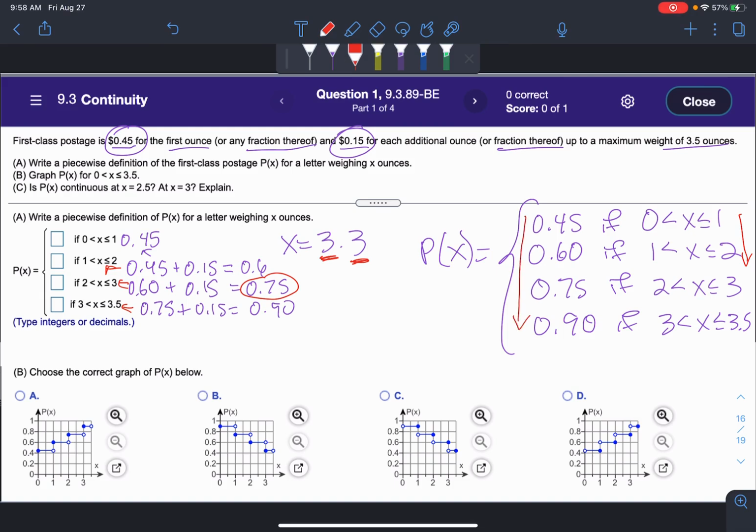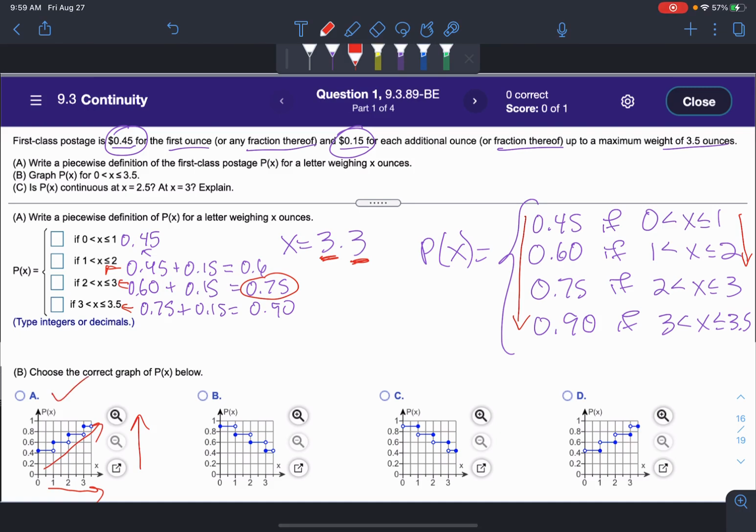And that kind of makes sense. The heavier something weighs, the more I'm going to pay for it, right? So as we look on our graphs, as the X gets larger, we want our postage to go up. So almost like an upward trend like that, right?